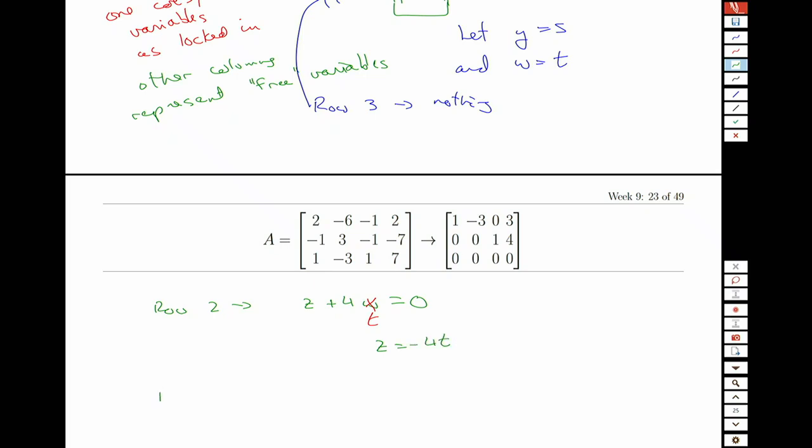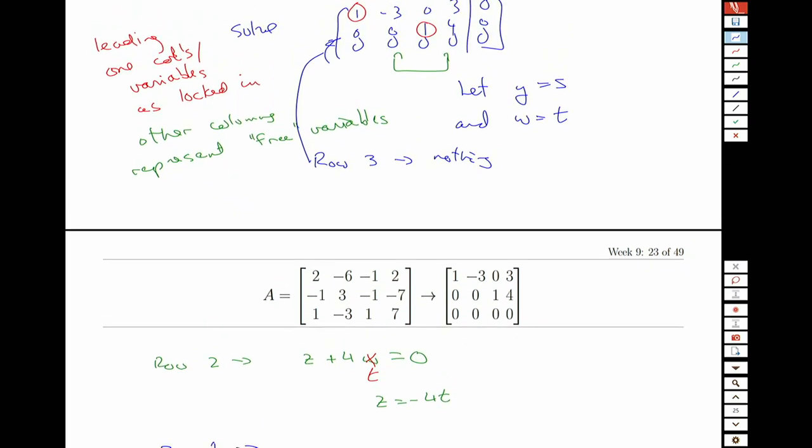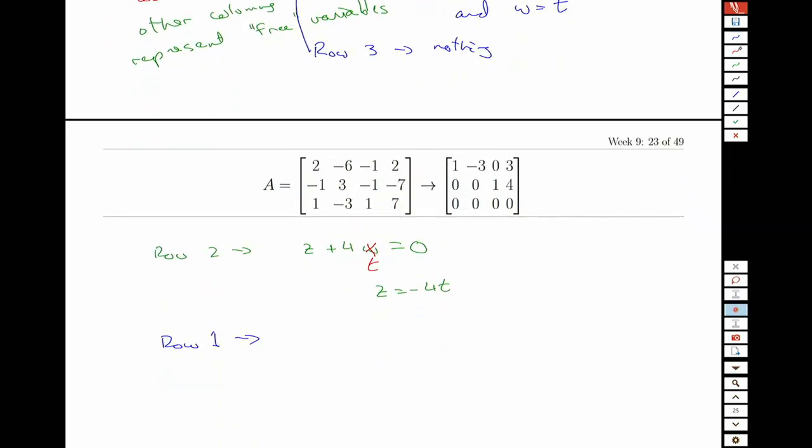And row 1 tells us that, I guess we can use it here. I can pretty much read this off with an extra 0 on the end. Row 1 says that x minus 3y plus 3w equals 0.